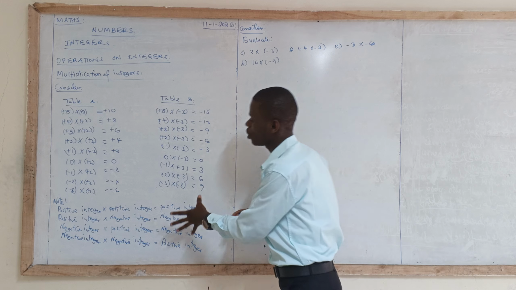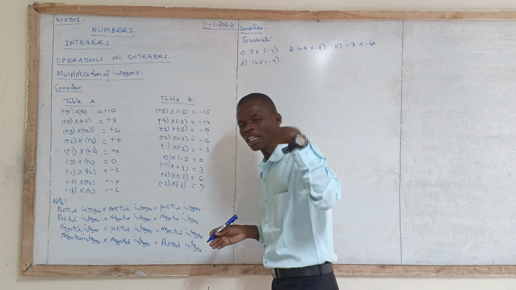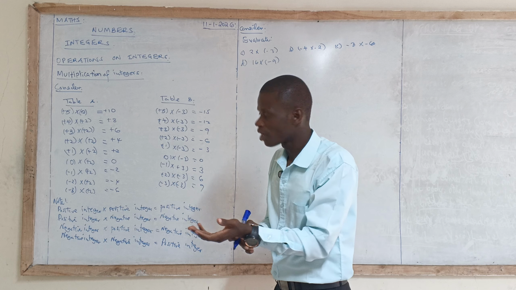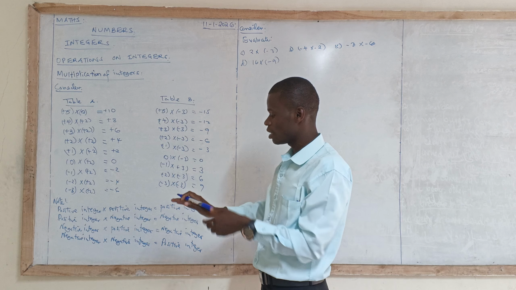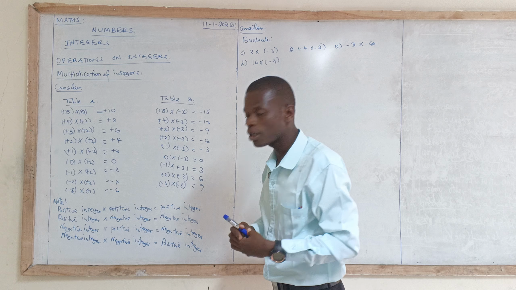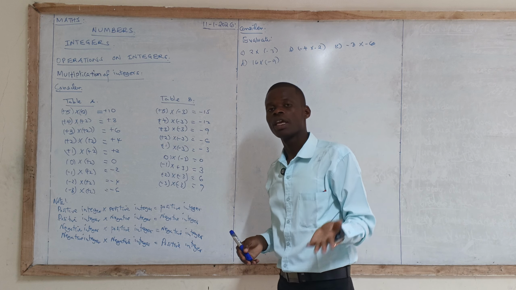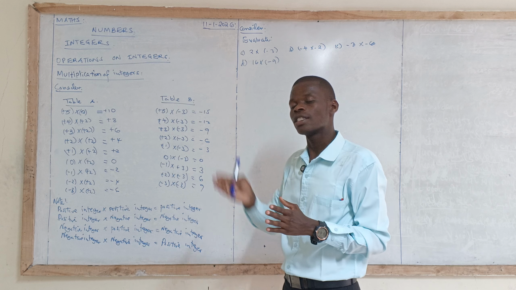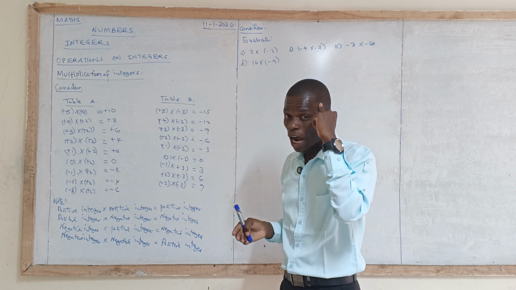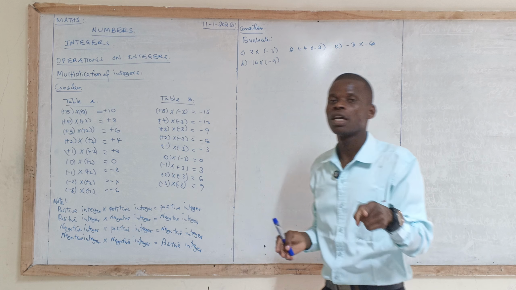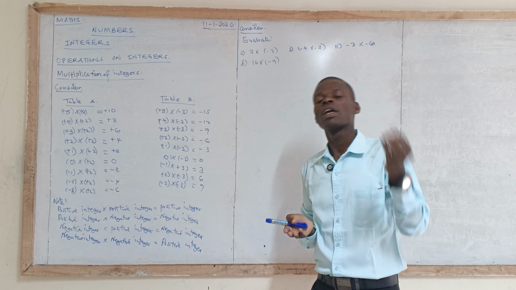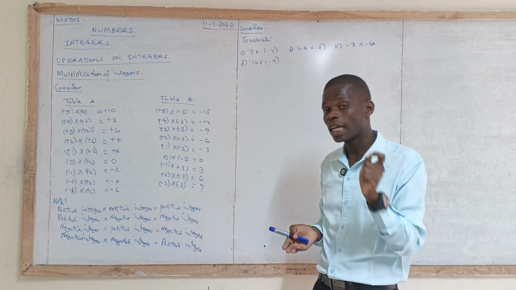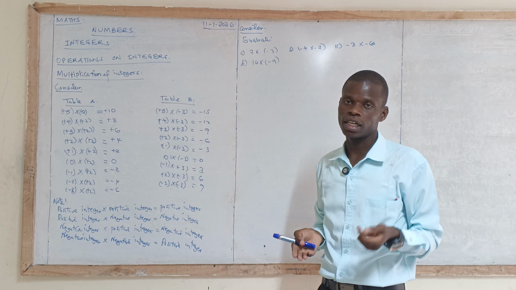After going through this, and remembering the multiplication table that you were taught in grade 3, if I'm dealing with a positive multiplied by positive, that's obvious, positive. If I'm dealing with positive multiplied by negative, no matter what, the answer will be negative. So I just know at the back of my mind the answer is negative, then I multiply the numbers. If I have negative multiplied by positive, the answer is still negative.